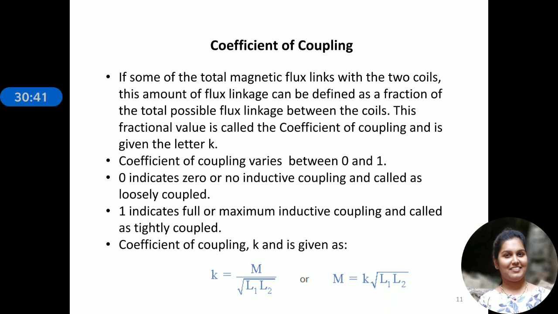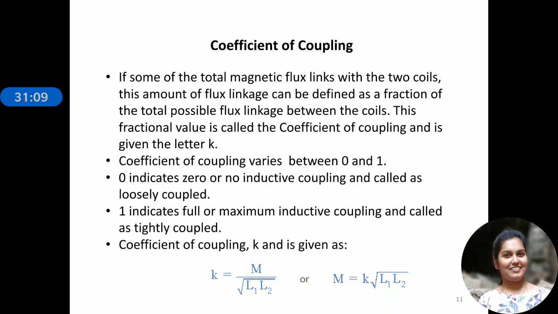In general, in other words, if K is equal to 1, the two coils are perfectly coupled. If K is greater than 0.5, the two coils are said to be tightly coupled, and if the K value is less than 0.5, the two coils are said to be loosely coupled.